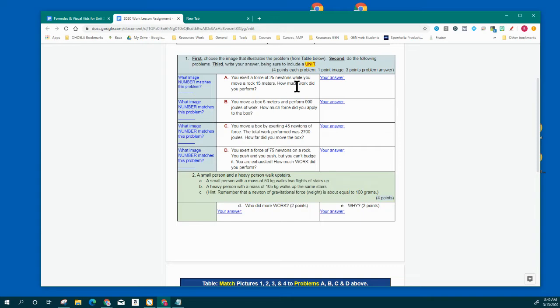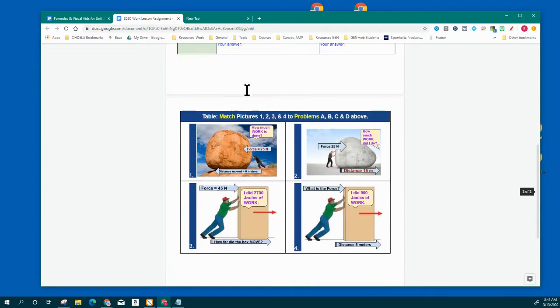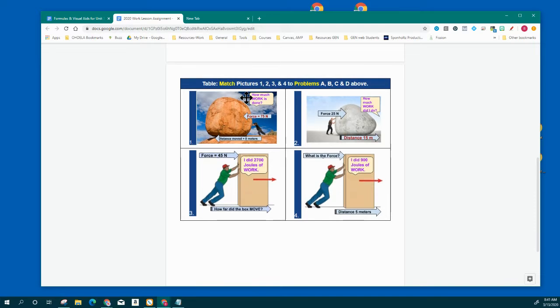How much work did we perform? Work is our unknown. That's what we're trying to solve for. What number matches that problem A we are working on? Well, we're talking about moving a rock, so we're looking at picture 1 or 2. And we have a force of 25 newtons.